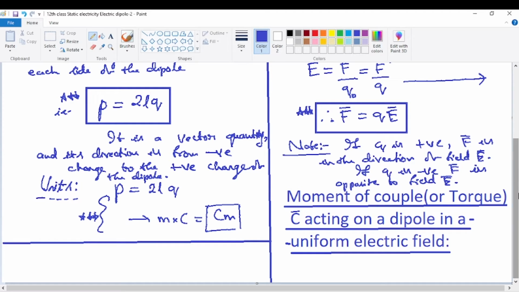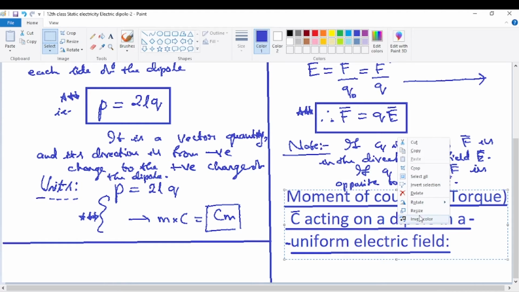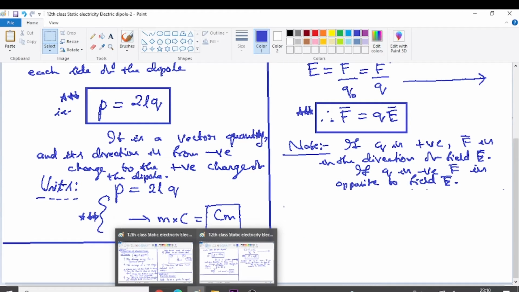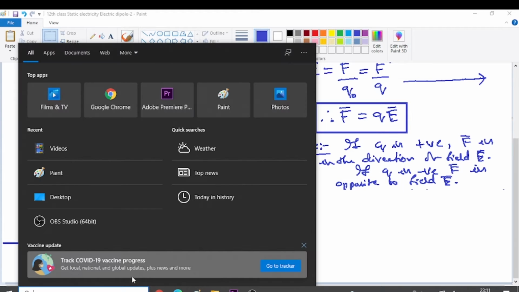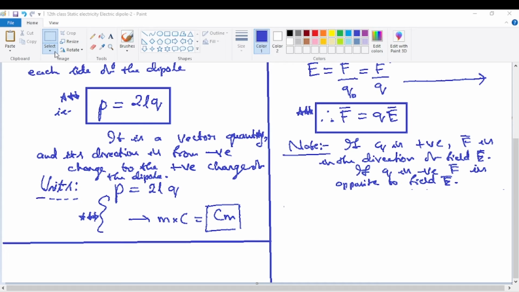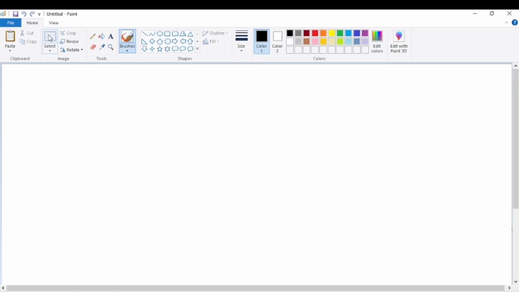That's the thing. So the next topic is the moment of couple. But there is no place here for the topic, so I'll just shift the side heading to the next page. Yes, the next page has come.